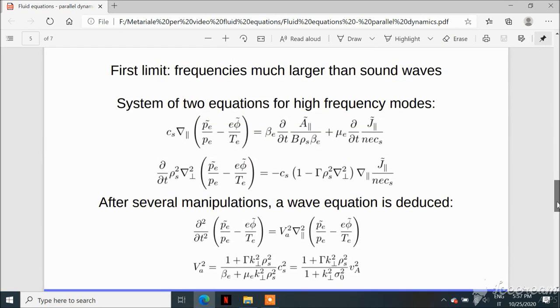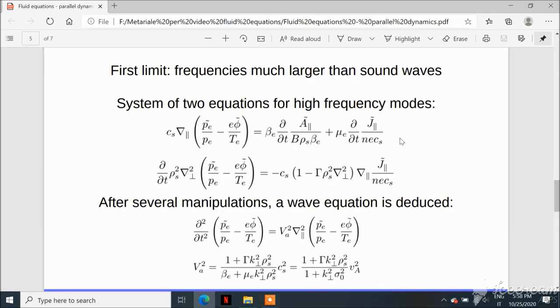And then we can simplify them further by considering two different limits. The first limit considers high frequencies, particularly frequencies which are much larger than those of the sound waves. So in the dynamics, in the equation, this kind of dynamics is allowed. And so if we make this assumption, we basically neglect the parallel velocity, which enters some equations.